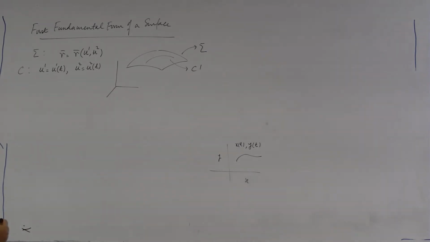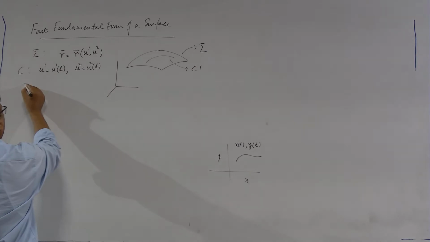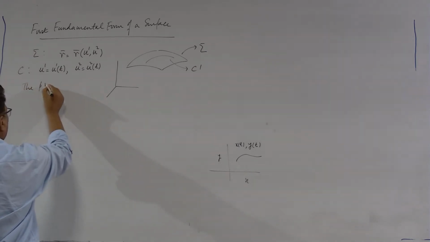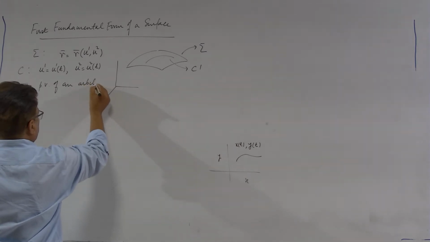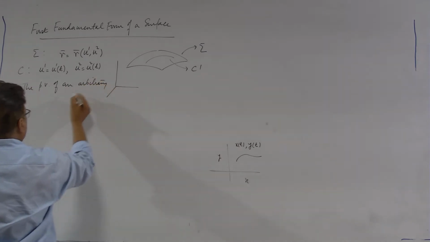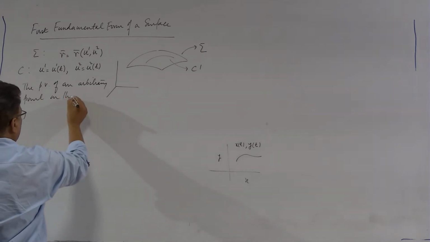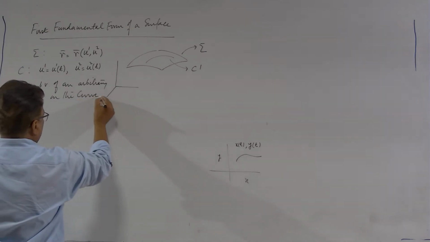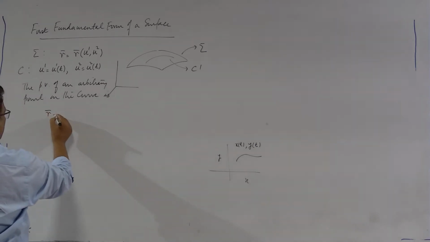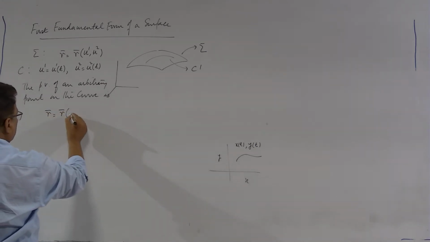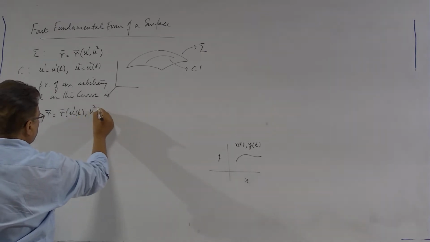Okay. Now, the position vector of an arbitrary point on the curve is given by r equal to r of u1(t), u2(t).